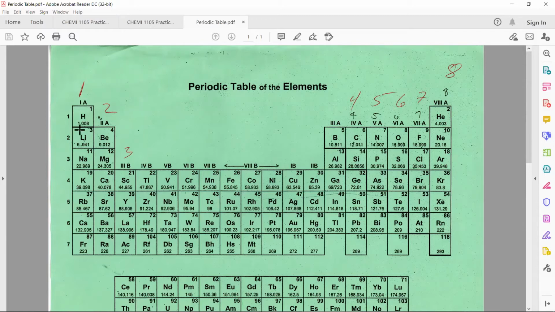Time's up. Keep the 1, keep the 0, keep the 0. That's my 3 significant figures. Use 8 to round off. 4 or less, or 5 or higher? 5 or higher. Drop that, increase the 0 in front by 1. So to 3 significant figures, the atomic weight of hydrogen is 1.01.